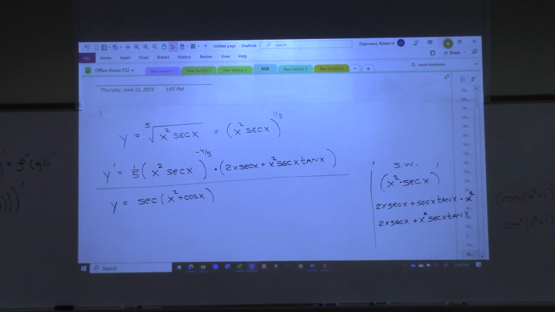What are y'all seeing? Composition? Okay, if you see composition, what's the inside function? X squared plus cosine x, and then the outer function? Secant, right?